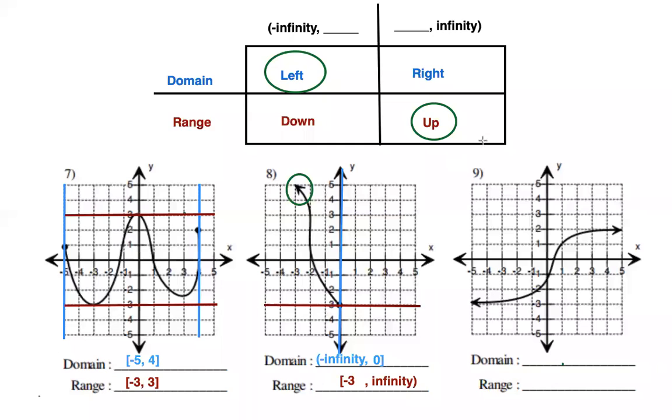Now our very last graph. We've got 2 arrows. Now your answers might differ from mine a little bit, but my left arrow is going to the left, and I'm going to say it's going down. Your right arrow is going to the right and up. So I'm going to put negative infinity, positive infinity for the domain.